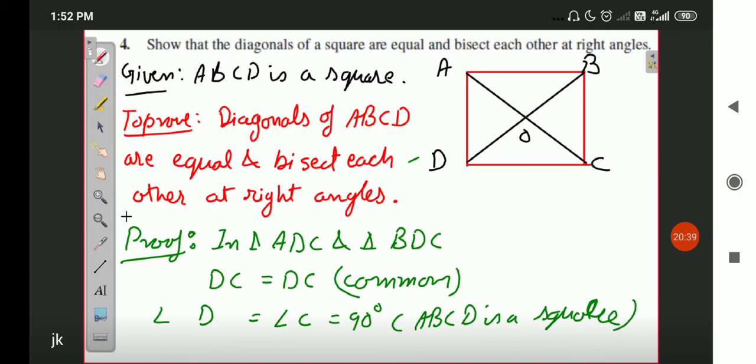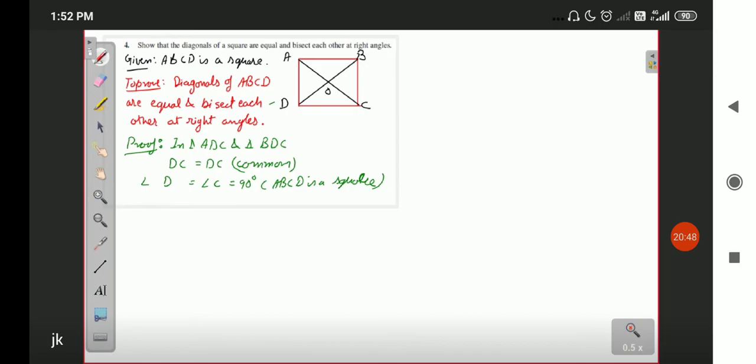And thirdly, you will have length AD and BC as equal, because all sides of squares are equal.